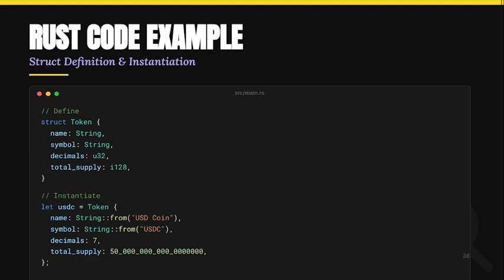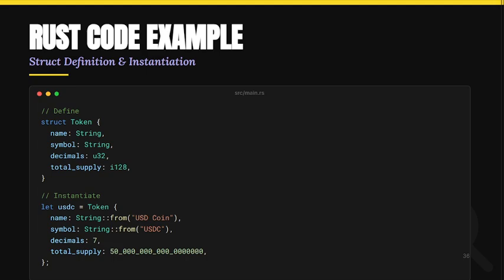Here's a real-world struct that's relevant to blockchain development. Notice total supply is u128 because token supplies on a blockchain can be enormous and we want overflow protection. Notice also the underscores in the 50 billion. Rust lets you use underscores as visual separators in numeric literals, just like commas in written numbers.